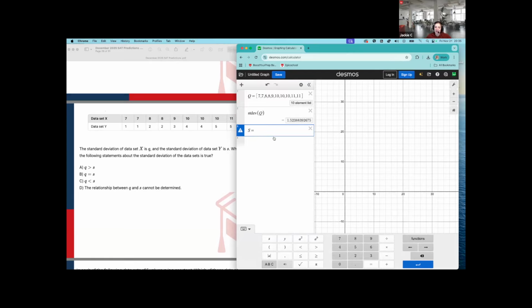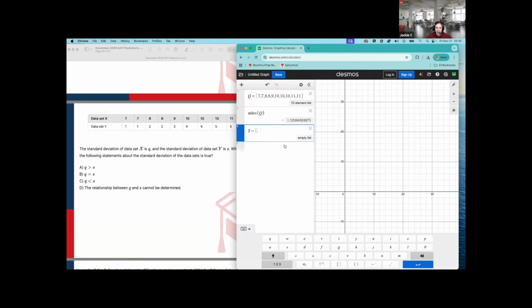So I'm going to put in, just like we did before, use my little brackets here and type in 1, 1, 2, 2, 3, 4, 4, 5, 5, and 5. And then close brackets.